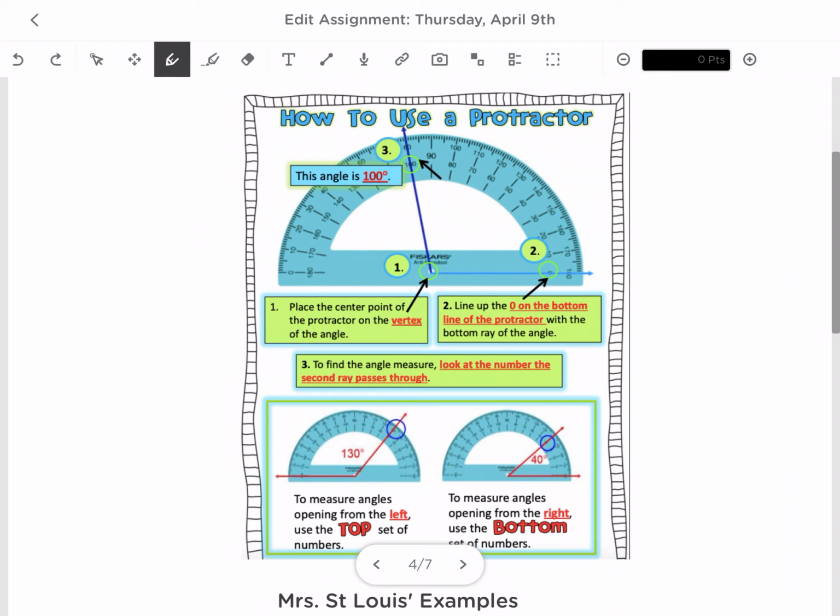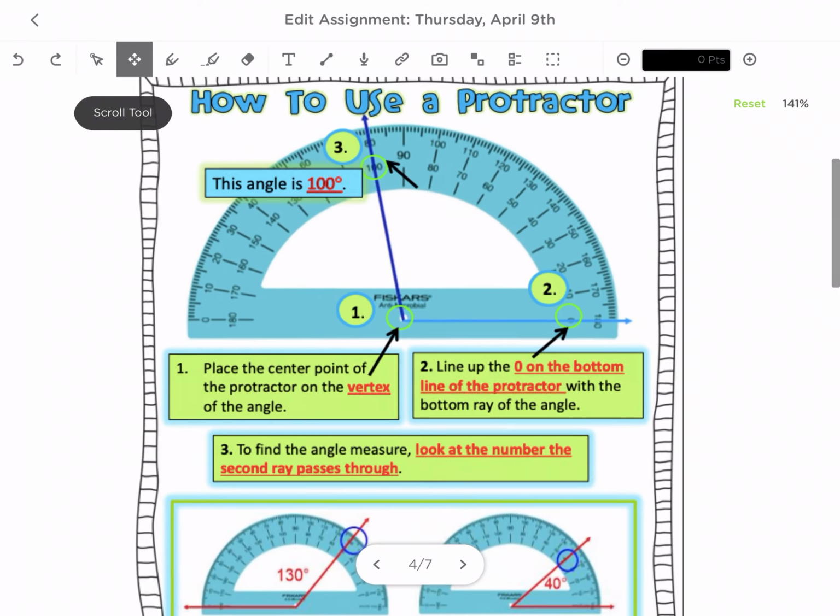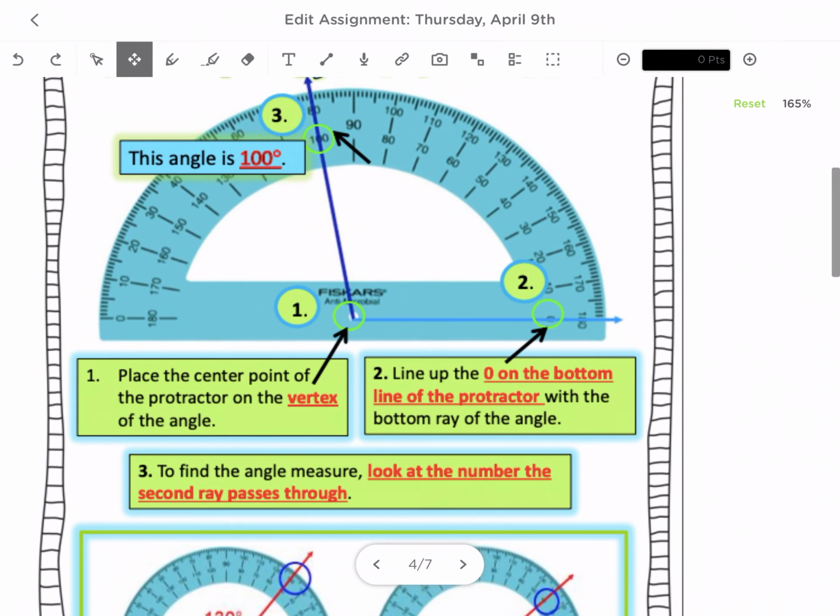So if we zoom in on number 1 there, you have to place the vertex of the angle, which is where the two lines meet, in that little center point there, to get a complete, accurate measurement of that angle.